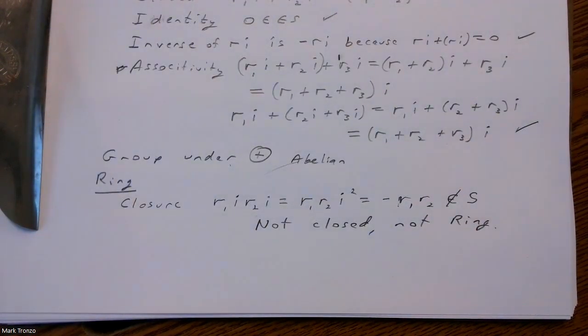And again, if we know something is a subset of a ring or a group, we could use the subset or subgroup test. And let's see. Do a couple others here.